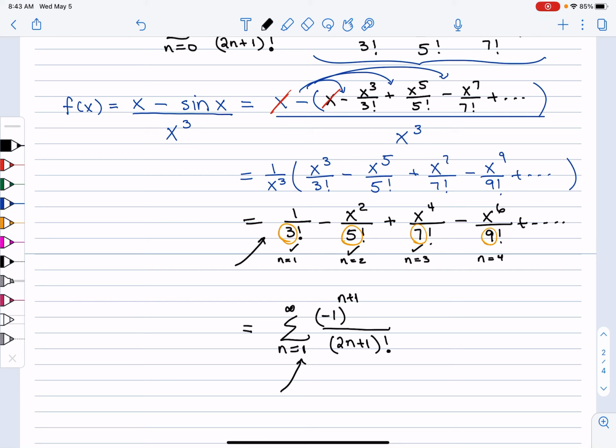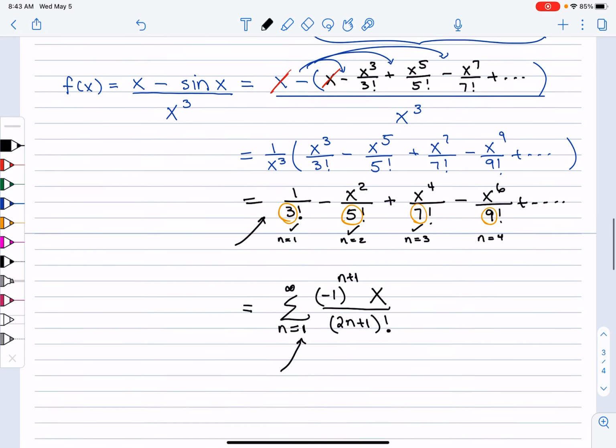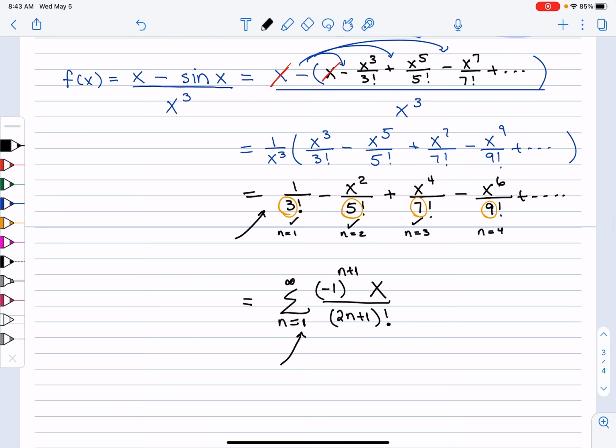We're going to have x to some power. So this is where we need to make sure that our lower limit is correct, and if not, we change it. And then we also need to make sure that our terms will match both in the numerator and in the denominator. So if we're starting at 1, let's see where that takes us.